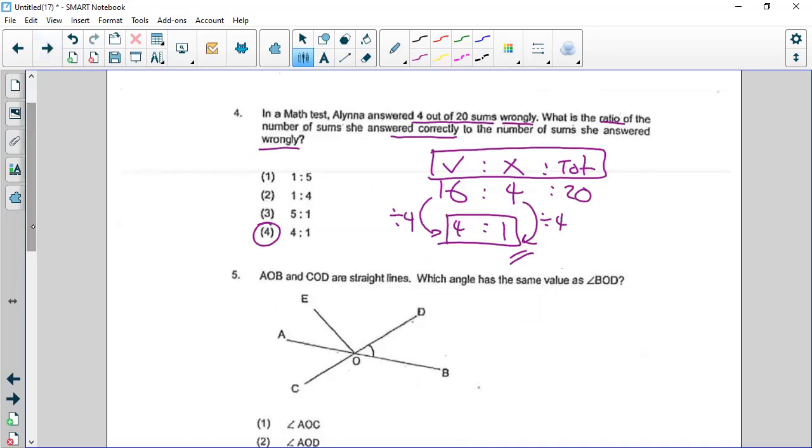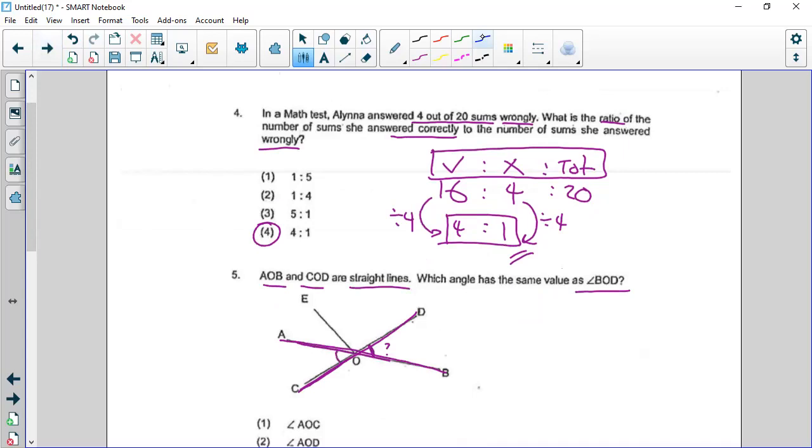Now, AOB and COD are straight lines. So when you see two straight lines, what kind of letter do you look for? You look for X. Like we have talked about this a few weeks already, right? So when you see two straight lines, look for letter X. And then which angle has the same value as BOD? So where is BOD? Your BOD is here, this question mark. Which angle has the same value as the question mark?